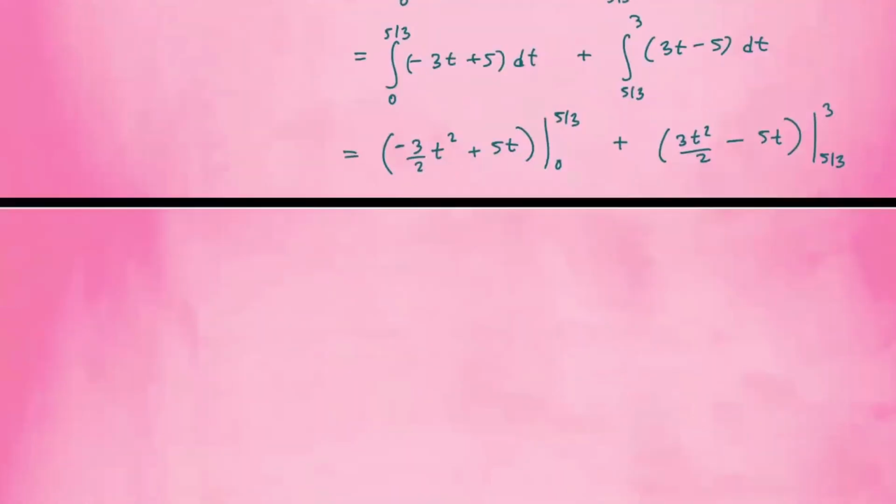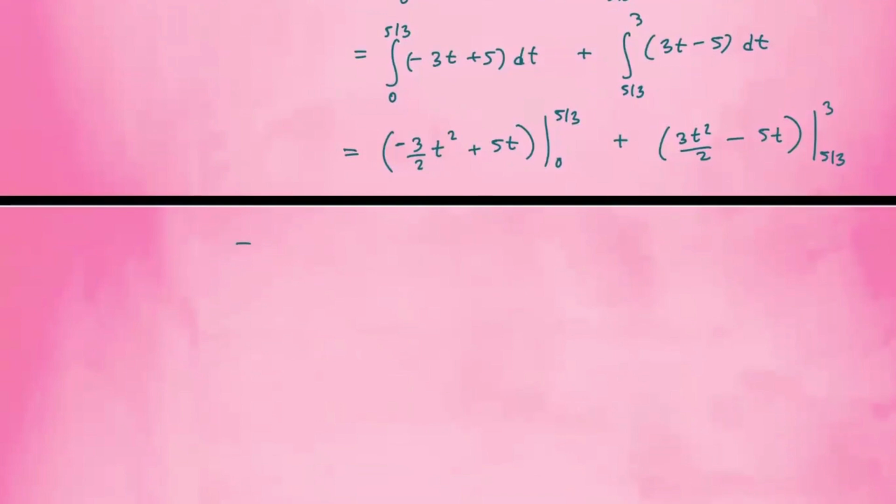Okay, now let's go ahead and plug in the upper limit and lower limit carefully. So we'll first plug in 5 over 3 into each t. So you have negative 3 over 2 times 5 over 3 squared plus 5 over 3 times 5, and then minus, when you plug in the lower limit 0 into each t, it disappears. So we know this is 0. All right, now the second part.